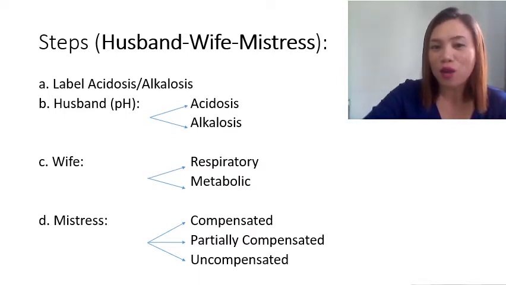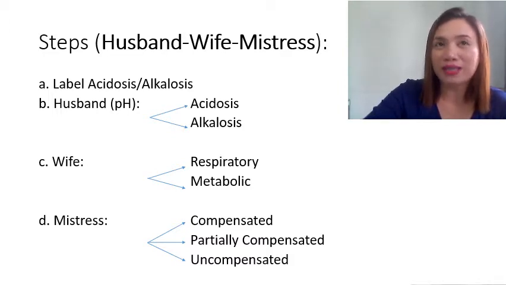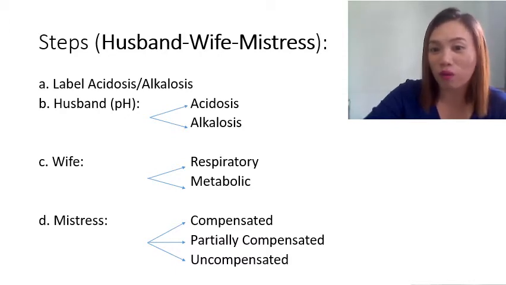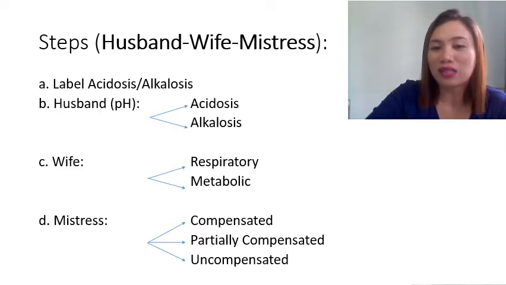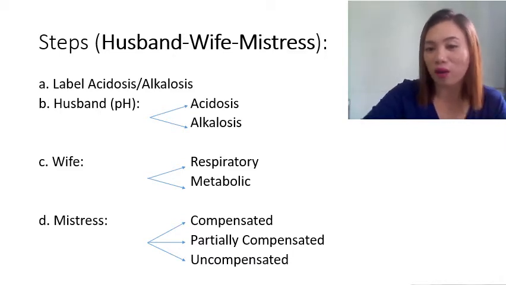Then we look at which between PaCO2 or the bicarbonate is the same as the pH, and that's the wife. We identify whether the wife is respiratory or metabolic. And then the other one, the mistress, we identify whether it's compensated, partially compensated, or uncompensated.